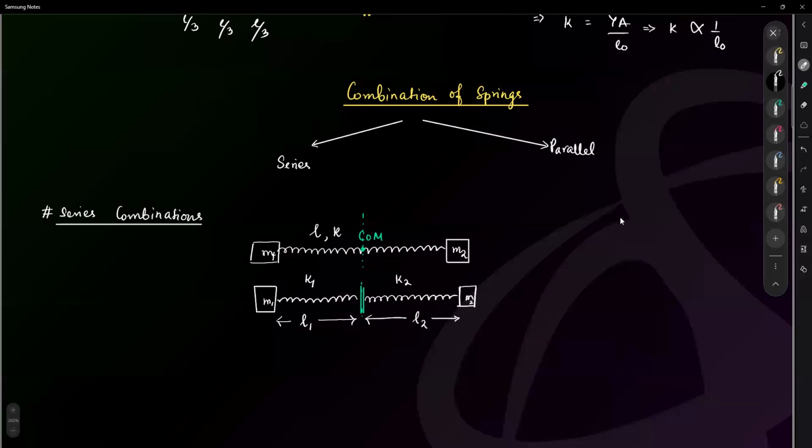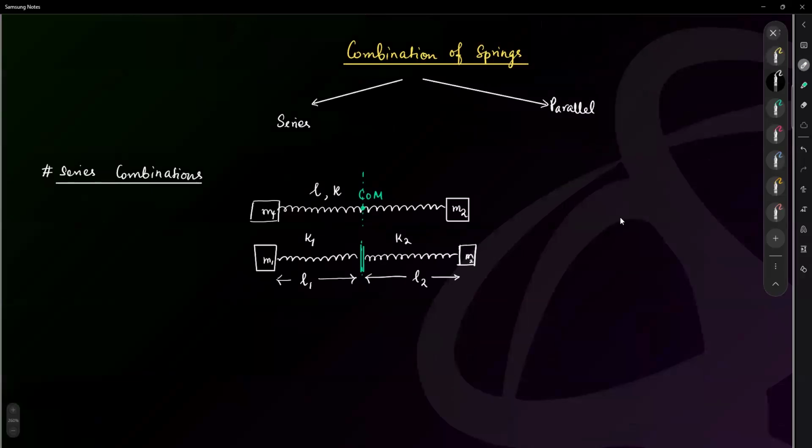Now, one thing we are clear over here, that is L1 plus L2 will be equal to L. That is obvious. Let us consider this as our first equation. Also, from center of mass concept, can I write that M1 L1 will be equal to M2 L2?